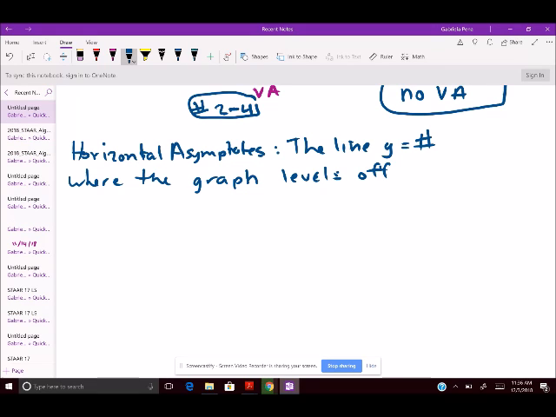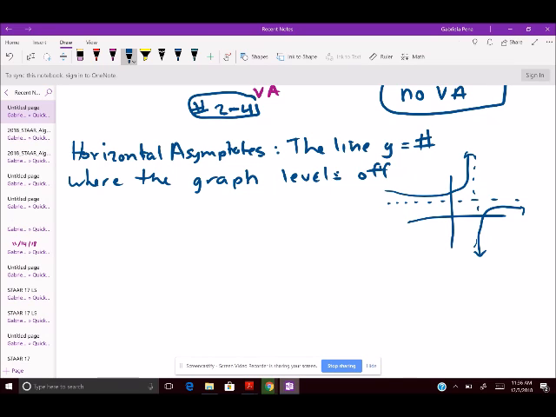So when you have to sketch a graph by hand, let's just say you had an axis. There's going to be a horizontal asymptote and a vertical asymptote, and then your graph is going to occur between those. That's what these asymptotes do. It just creates a little fence for them not to cross or go over.